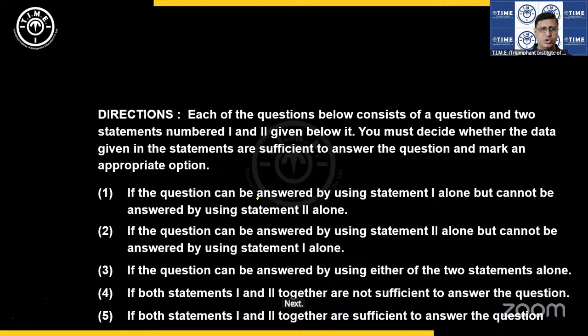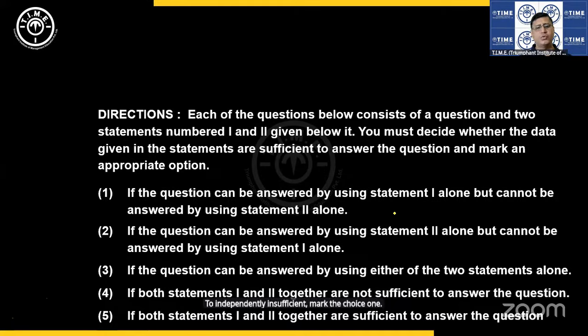Here are data sufficiency questions. Each of the questions below consists of a question and 2 statements numbered 1 and 2 given below it. You must decide whether the data given in the statements are sufficient to answer the question and mark an appropriate option. Statement 1 alone sufficient, 2 independently insufficient, mark choice 1.